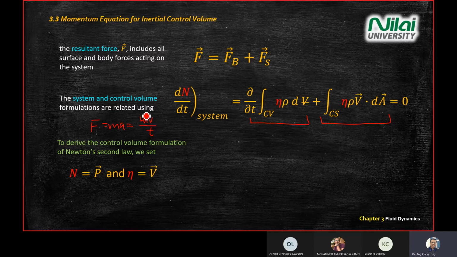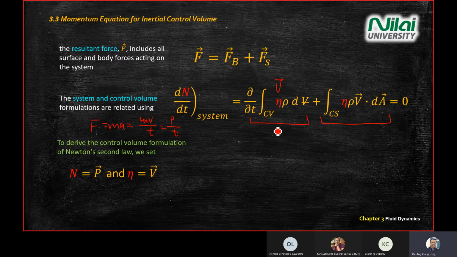So you have momentum over there, and you replace the momentum with P in this chapter. So you write dP over dt, and then the N will become the velocity vector in this case.